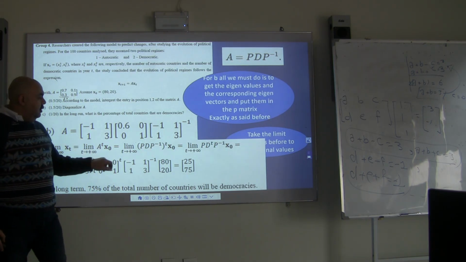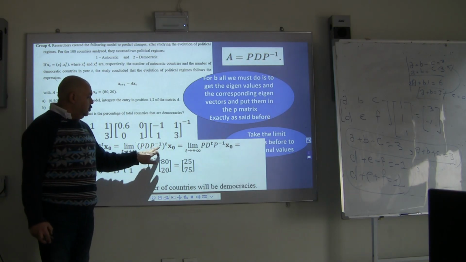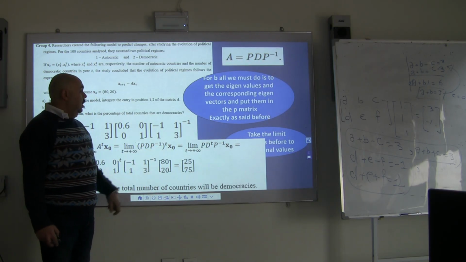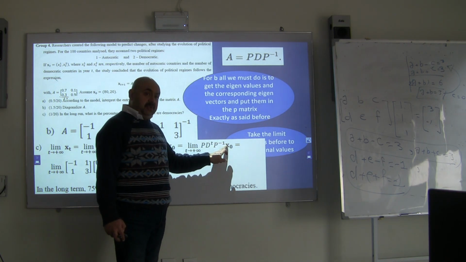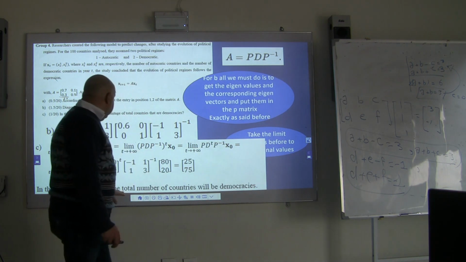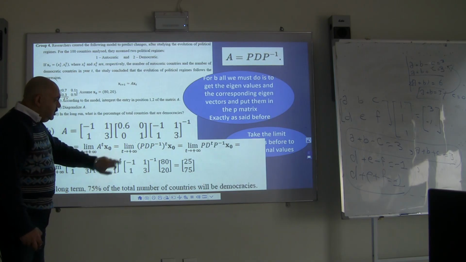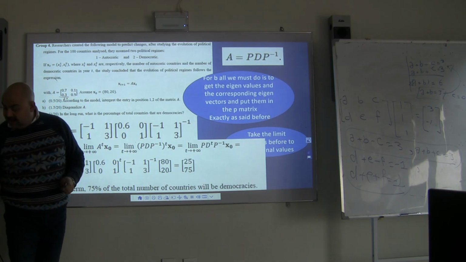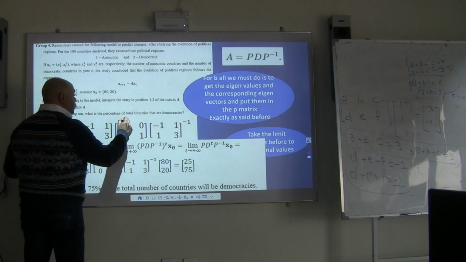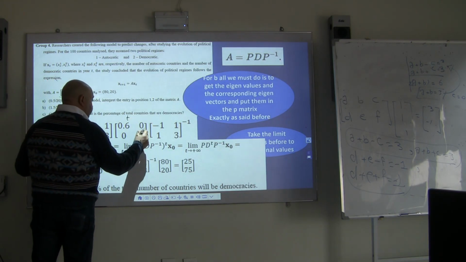So I will replace A with P D P minus 1 to the power of t. So it will be P D to the power of t P minus 1 times x naught. In a similar manner, if you take t up to infinity for this matrix, you will have 0.6 to the power of t and 1 to the power of t.